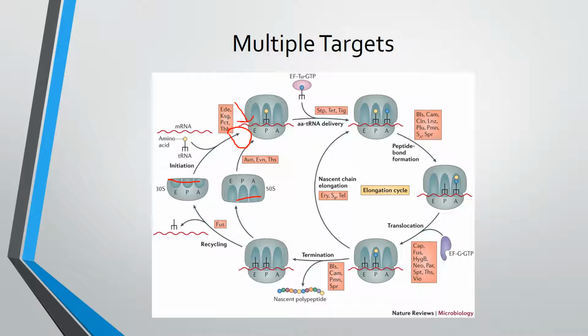Some of the other things that can happen is the actual site for elongation can be blocked. So there's a lot of targets that can be prevented so that the proteins are not produced by the bacteria.